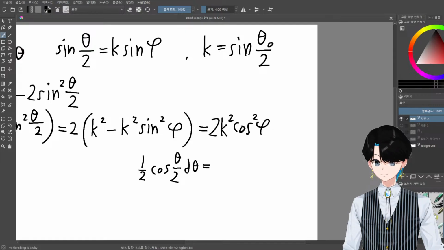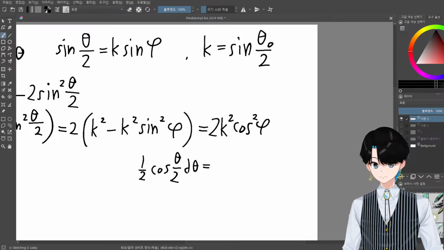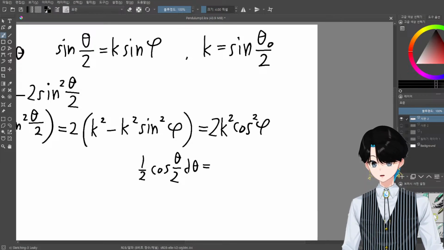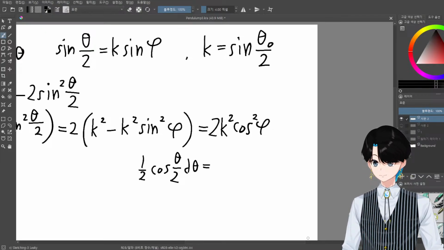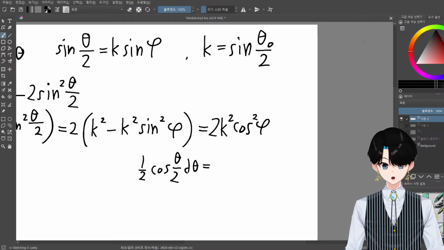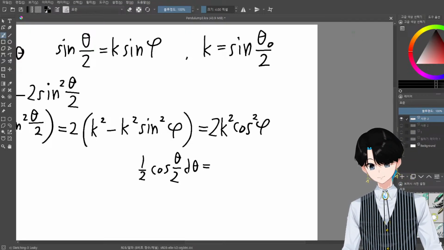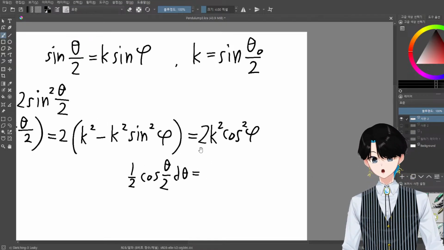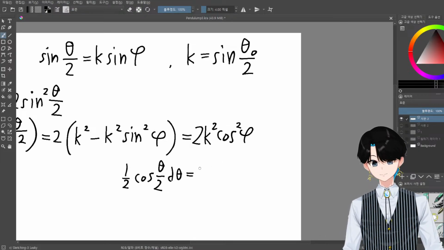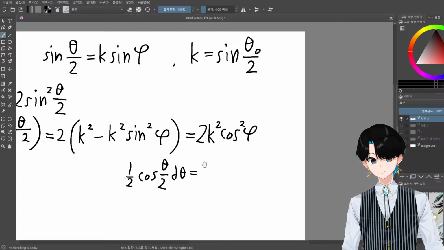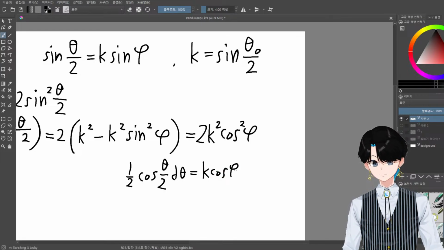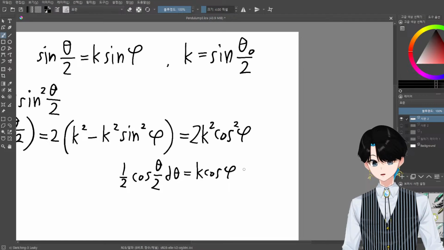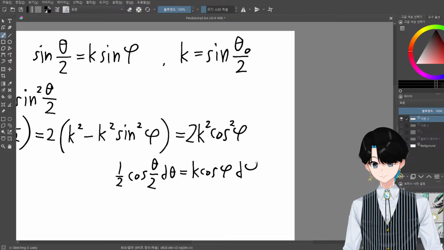Am I doing something wrong? Sine theta over 2 is equal to k sine b, and k is equal to sine theta naught over 2. No, it's correct. I think it's legit. Anyway, this will be k cosine b d phi.